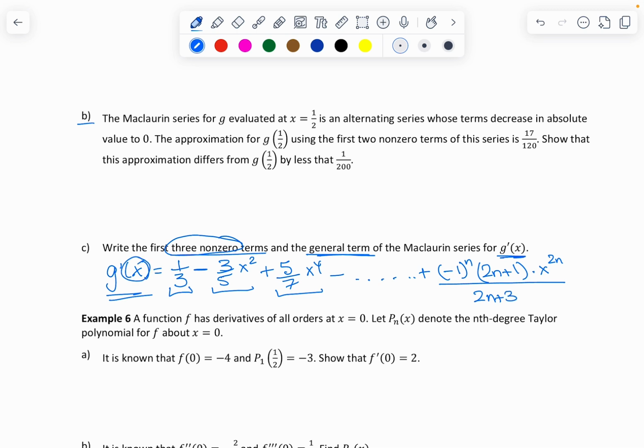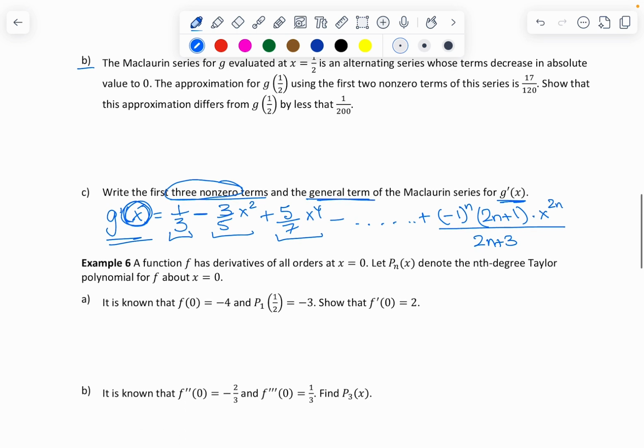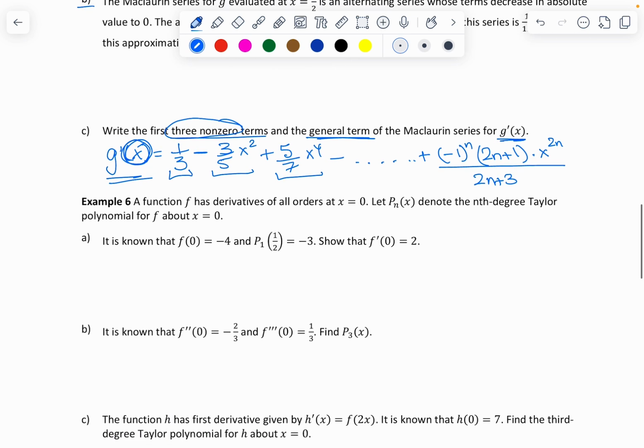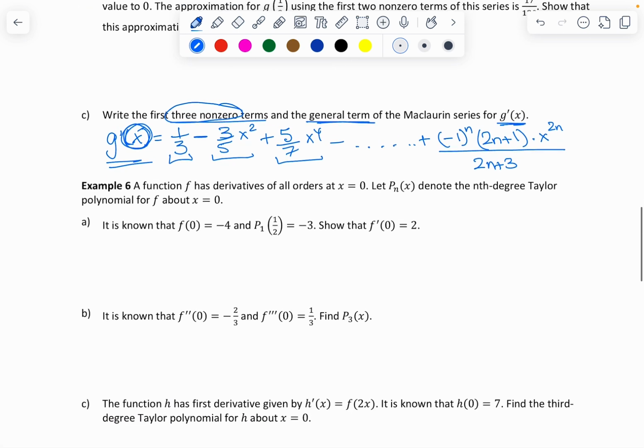Because remember, we're just taking the derivative of x, not the derivative of n. We're figuring out dy/dx, I guess you can say. n is just the term number.